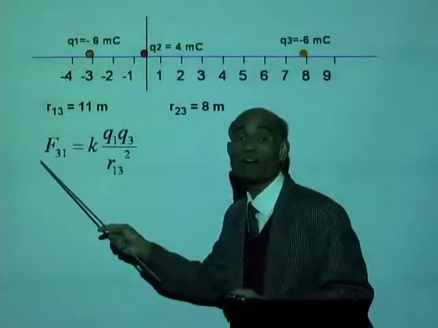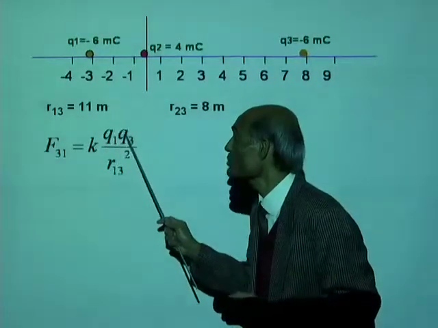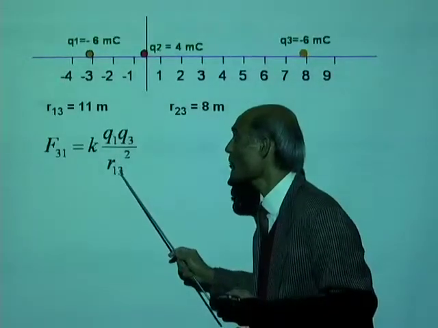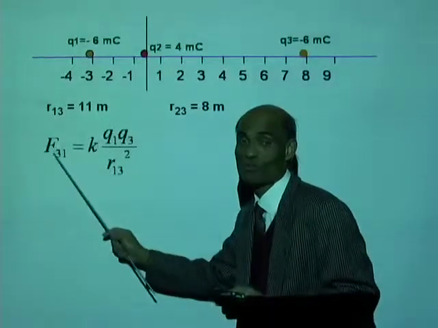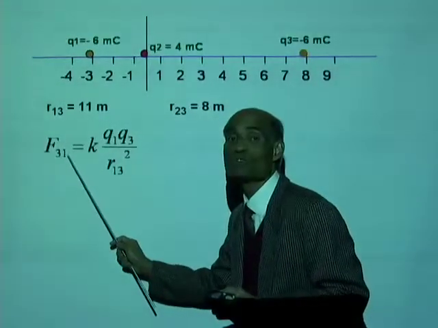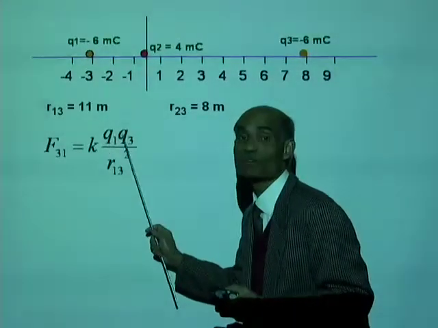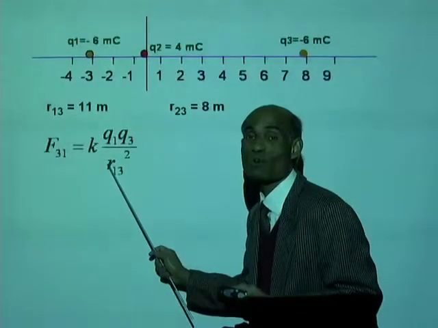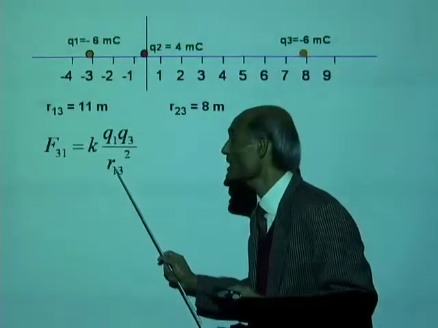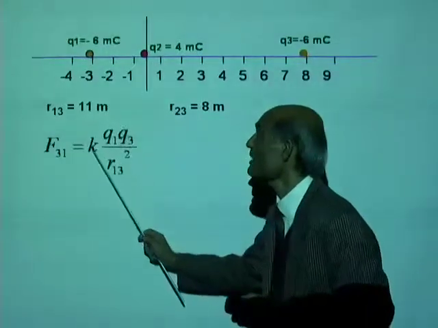And therefore F31 is K Q1 Q3 over R13 squared. I hope you understand that notation. Force on 3 due to charge 1 equals K times Q1 Q3 divided by the square of the distance between Q1 and Q3. And we know all these values.